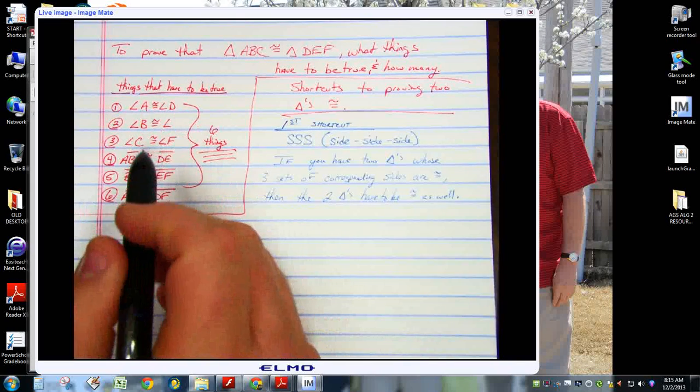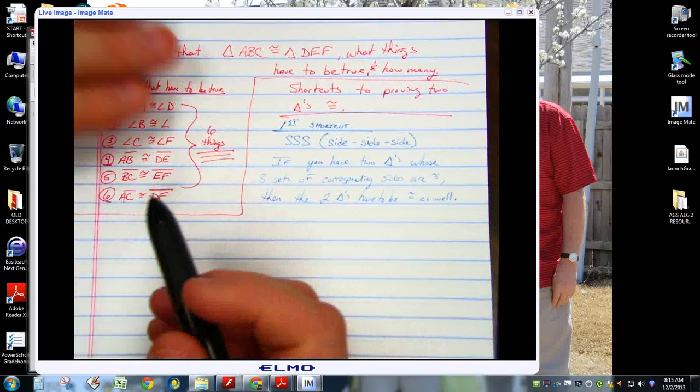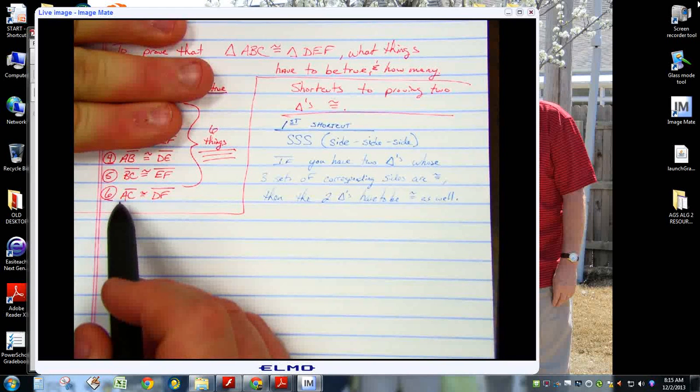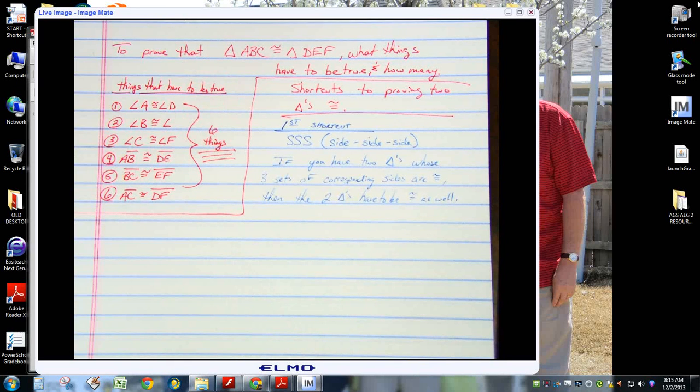So here, see how we cut it down to three? Basically, if you could prove what on this list? 4, 5, and 6, you prove what? The two triangles are what? Congruent.